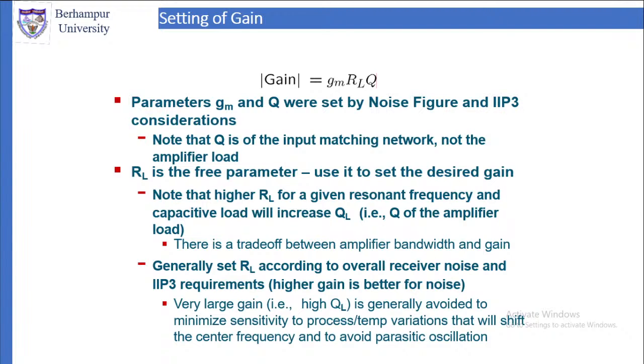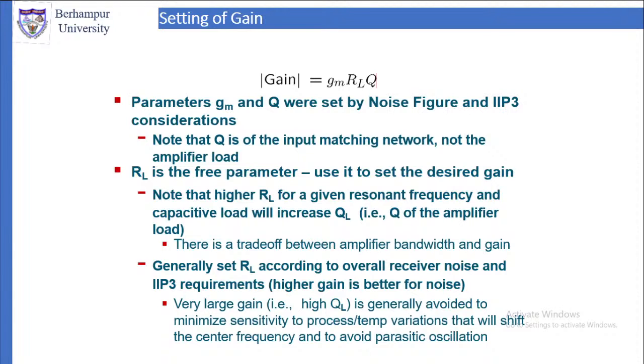Once you know what is Q, what is Gm, then just control RL. Note that the higher the RL for a given resonant circuit, the capacitive load will increase the QL, that is Q of the amplifier load will automatically increase. So there has to be a trade-off between amplifier bandwidth and gain. Generally, we set RL according to overall receiver noise and IIP3 requirements.